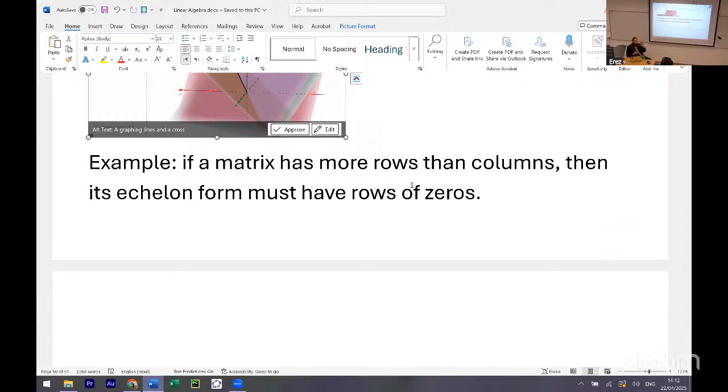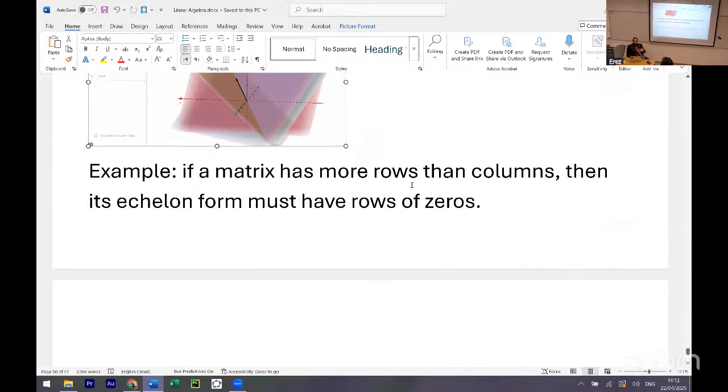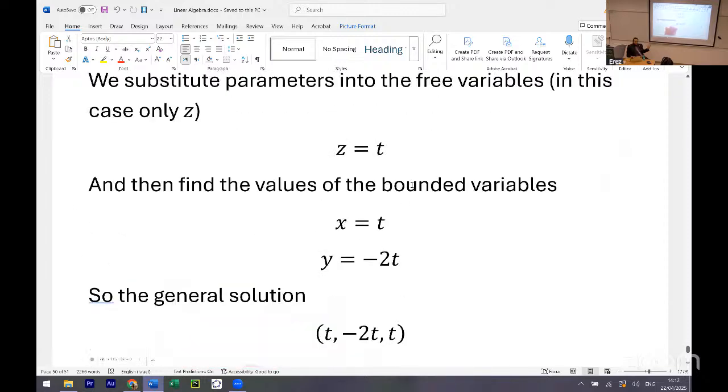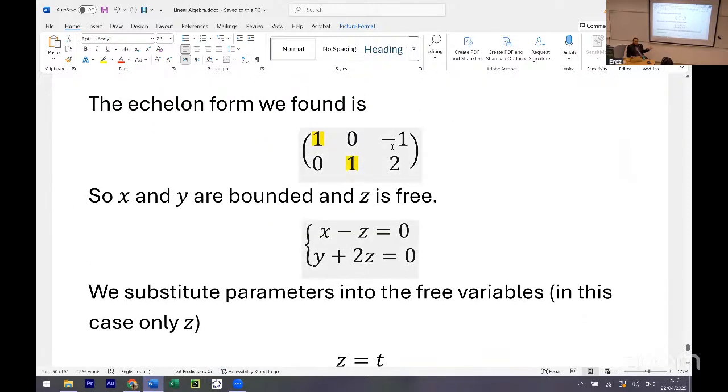Because when I look at my column and say, I am a bounded variable, I wish not to appear in any other equation. But the free variables can appear in all equations. That's what you see in this case. It would still be the echelon form if you had like 1, 2, -1. It will be echelon, but not reduced echelon. That was exactly the difference.